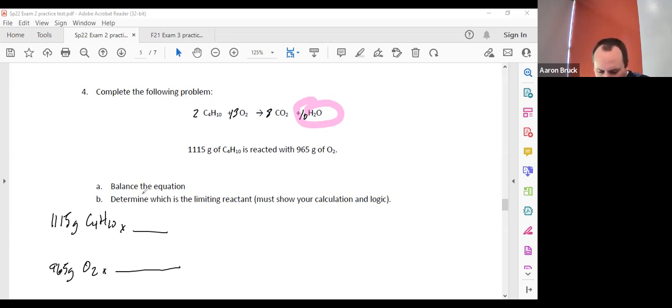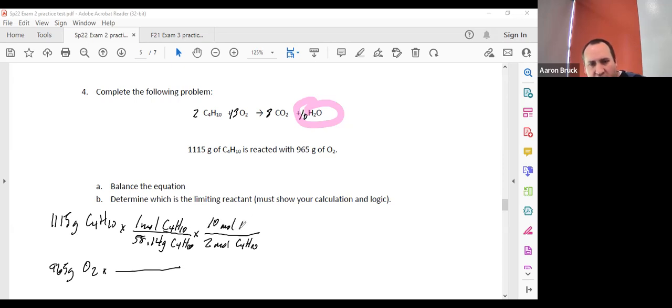So butane, 4 times 12.01 plus 10 times 1.01 gives us a molar mass of 58.14 grams. The mole ratio is 2 moles of butane for every 10 moles of water.